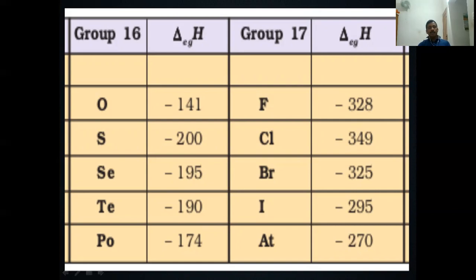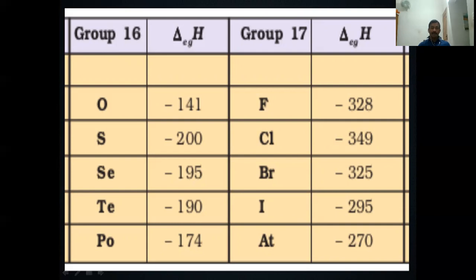But the value of oxygen, that is minus 141, is less than that of sulfur. As we move down the group, the value is decreasing, but in the case of the first element, the value is less than that of the next. For oxygen, minus 141, for sulfur, minus 200.